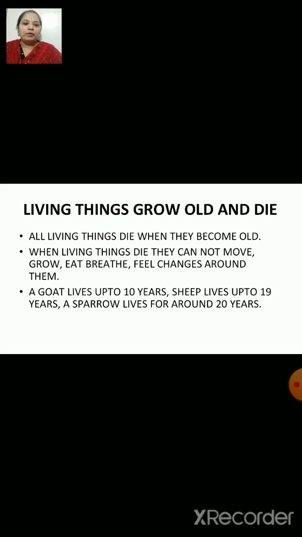Now, have a look at the picture. Yes, we are born. This is a picture of a mother and a small baby. We are born as a small baby. Slowly we grow. Right, we become young and then we become an adult.